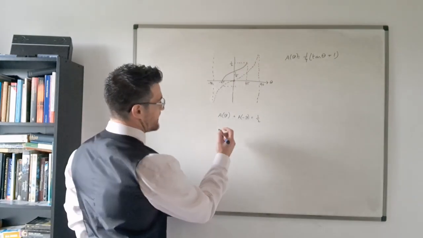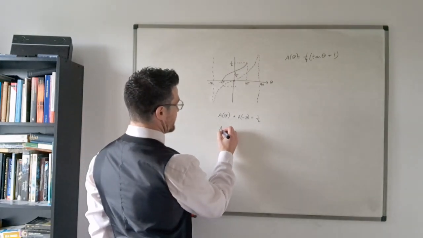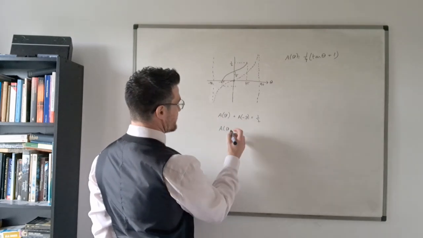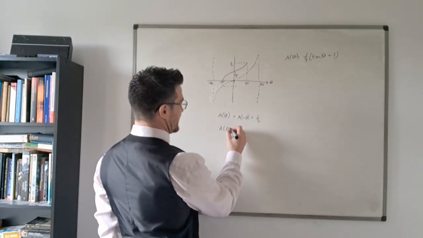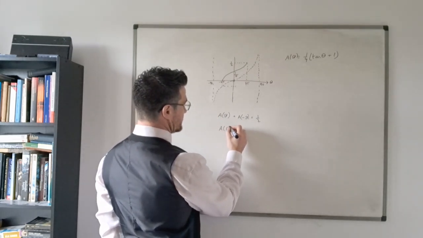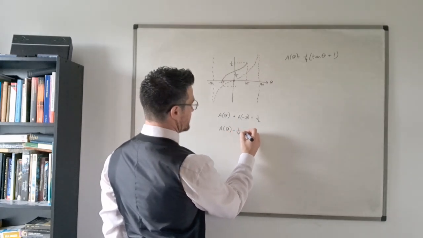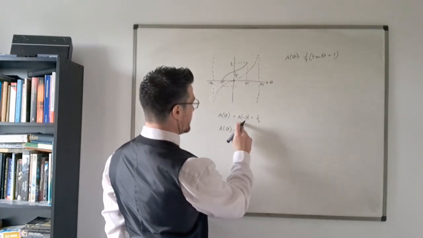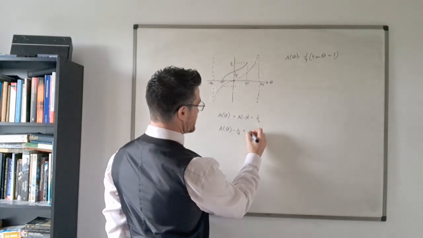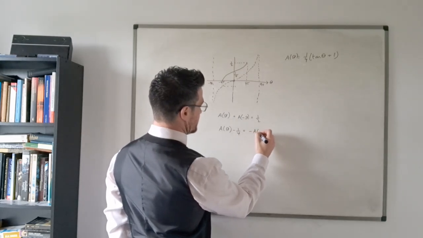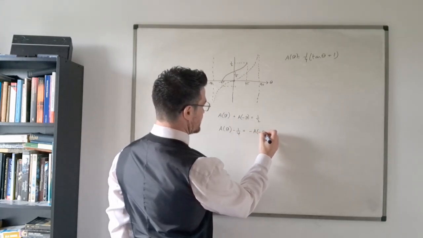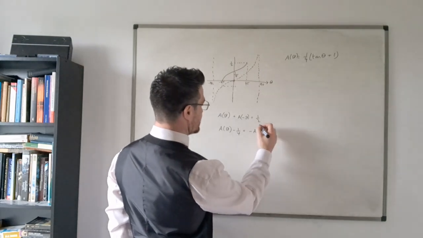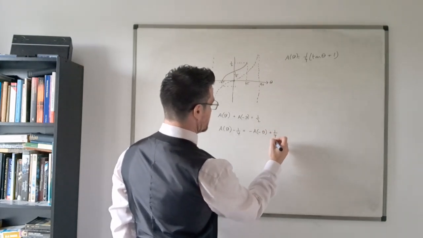Maybe I can do that. So let's say we've got a of theta. If I just rearrange this, then I get a of theta minus a quarter is equal to minus a of minus theta plus a quarter.